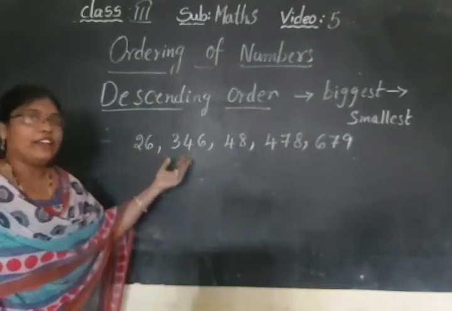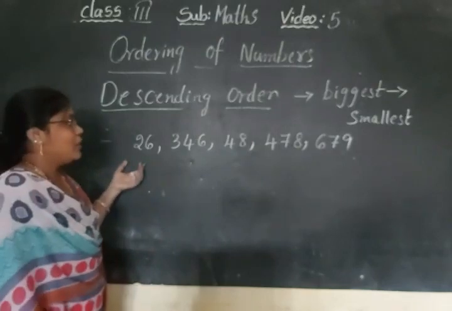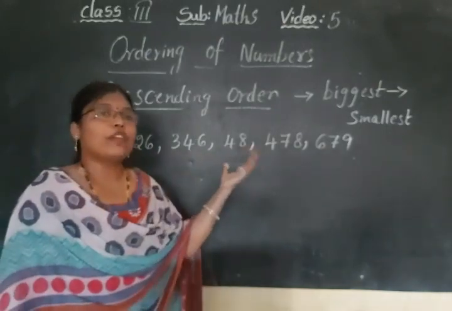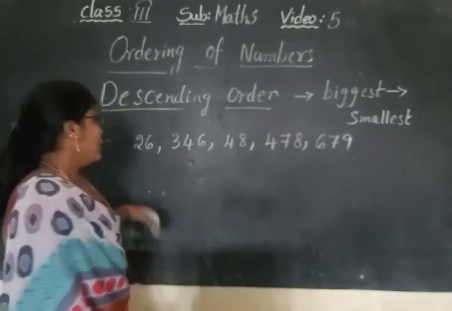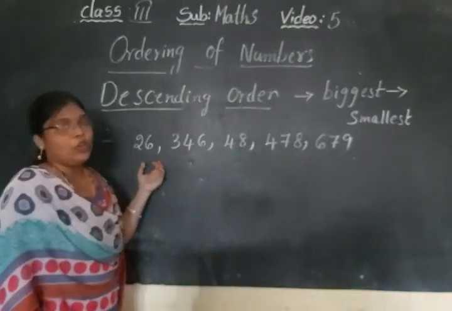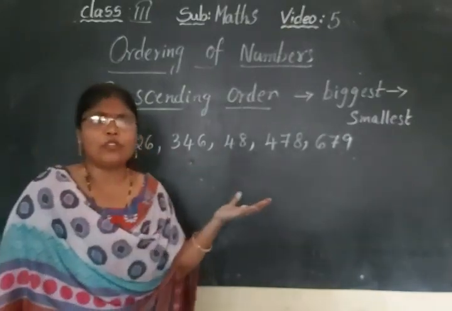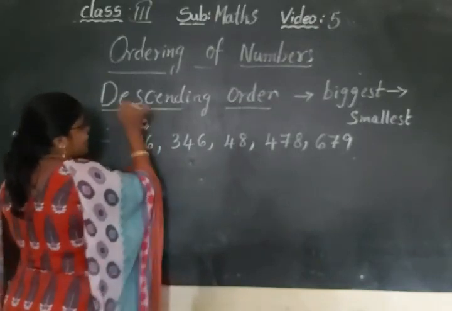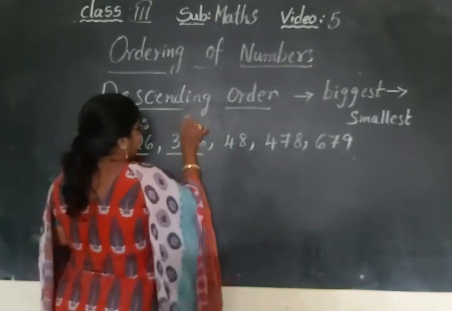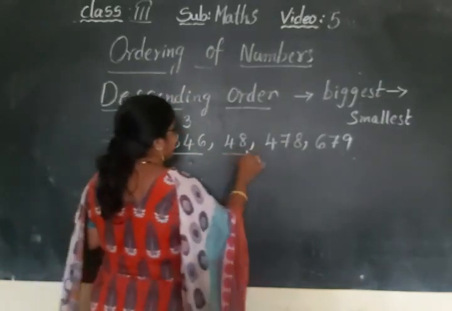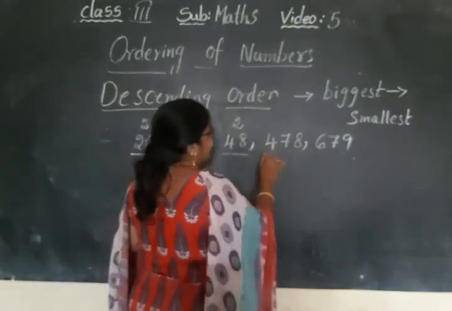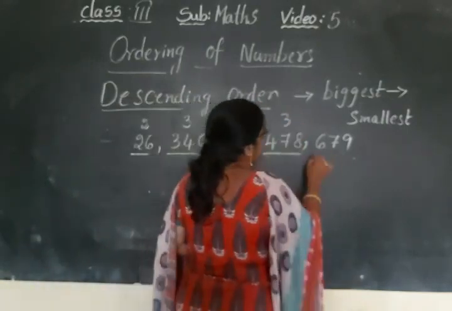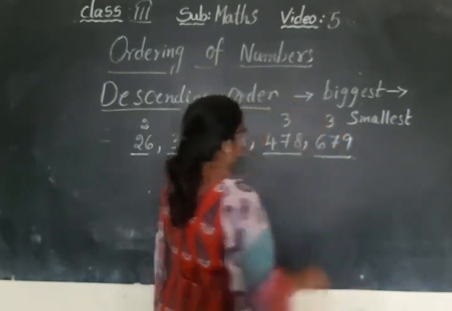Children, we have 5 different numbers. Come on, try to arrange from the biggest to the smallest. First, what we have to do? You have to count the number of digits. How many digits we have in this number? 2. We have 3 here, and again 2 digits, and 3 digits, and 3 digits again.